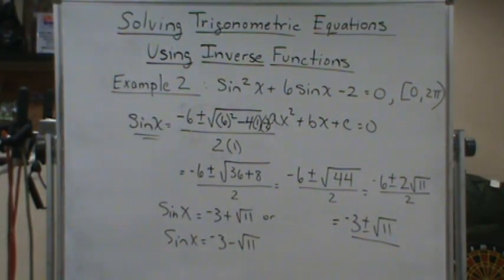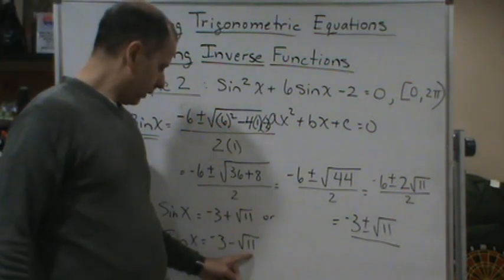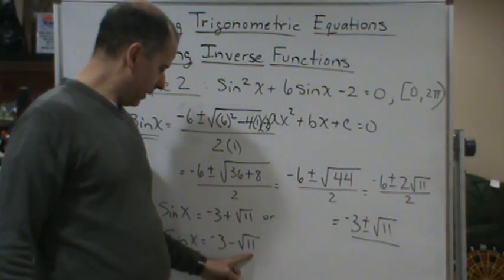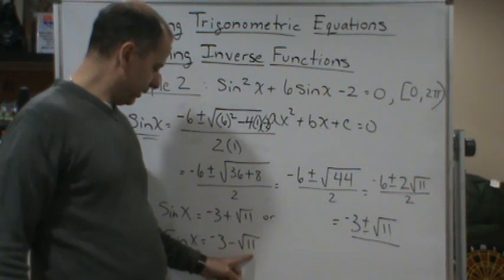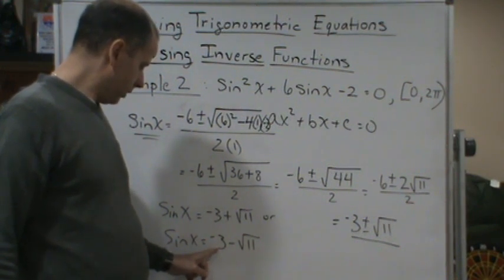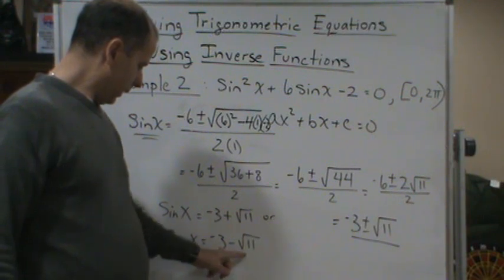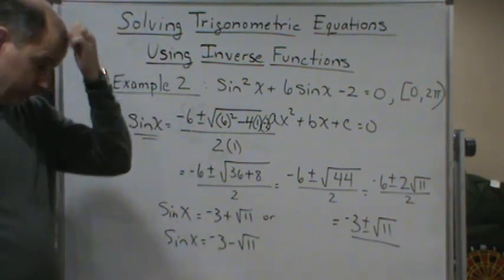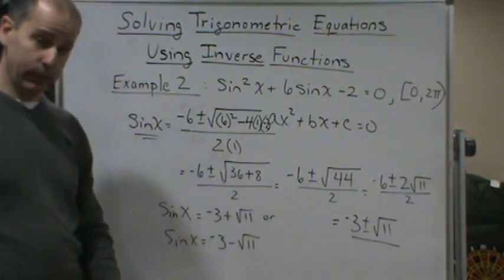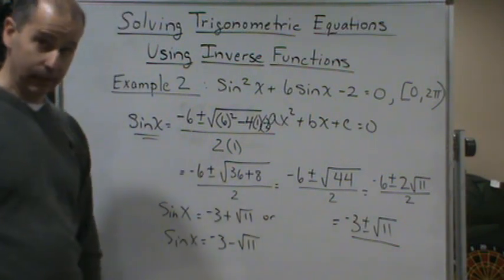Now keep in mind, if this was 9, we'd have 3 here, right? The square root of 9 is 3. So we know it's bigger than 3.